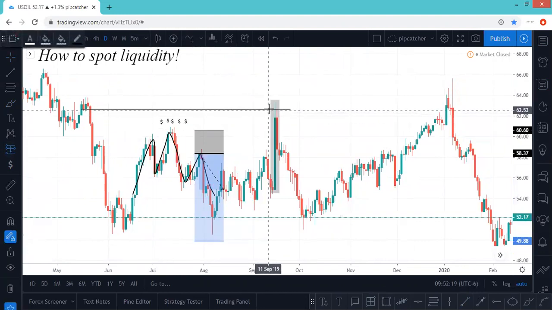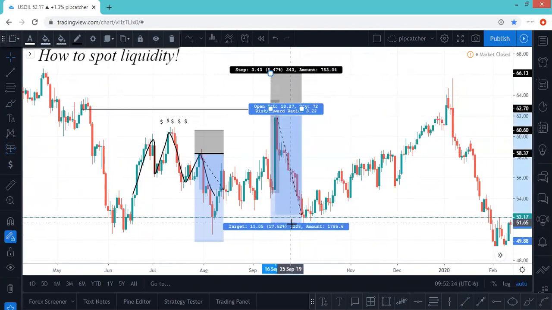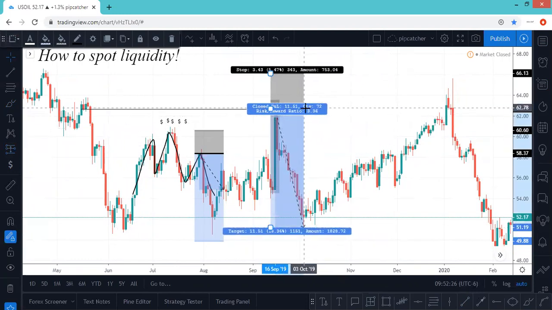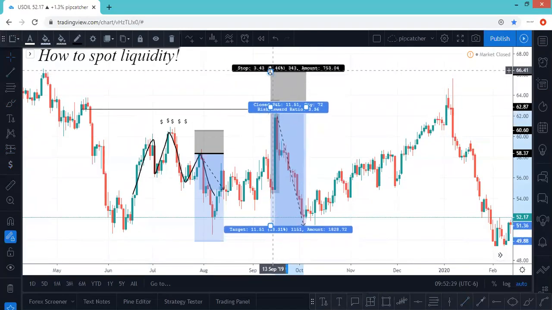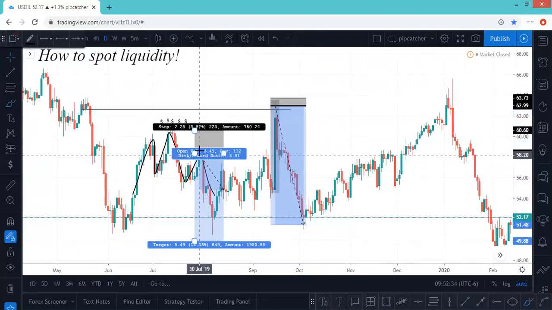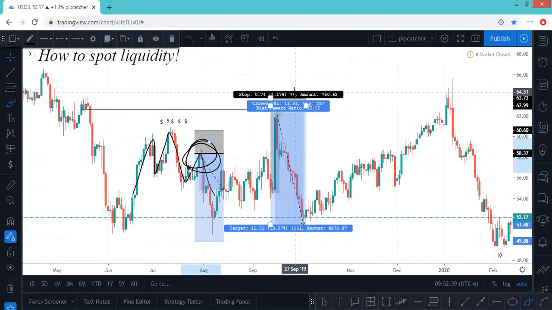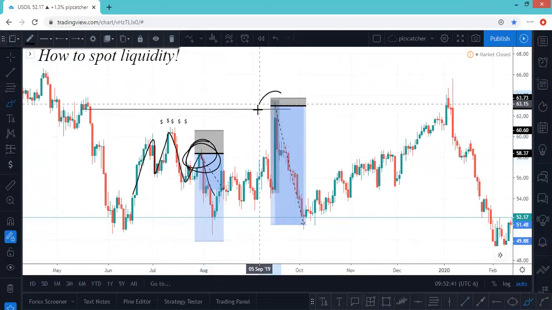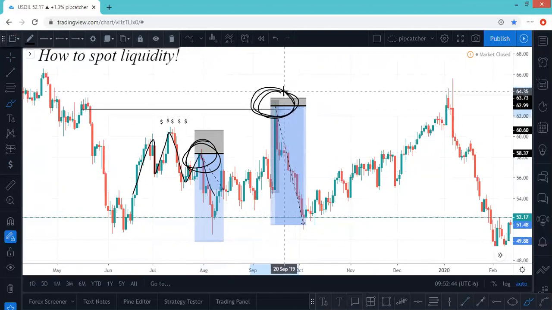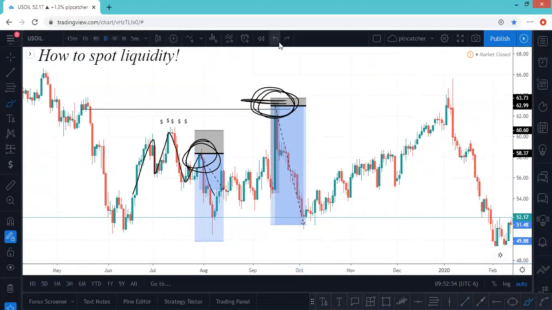So if 95% of people were selling here and you trade in line with big money players here, you have such an advantage, right? Sell higher, buy lower than everyone else. Okay?